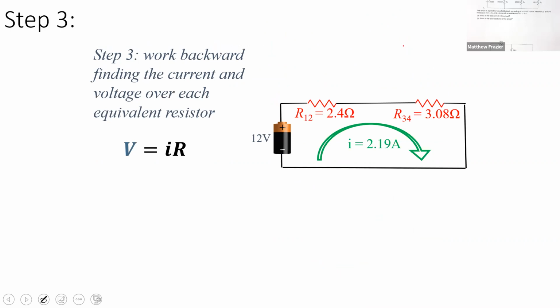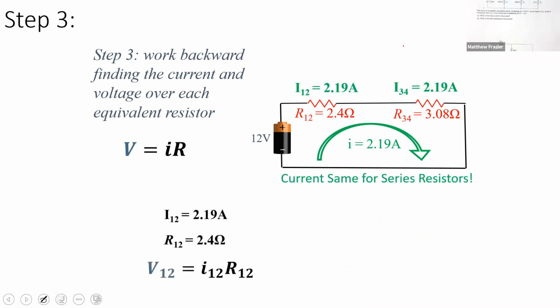So we're trying to find the voltage across each parallel branch. So we use the parallel resistances. That's why you write down all your work. So you go through those. The voltage is going to be I12 times R12.